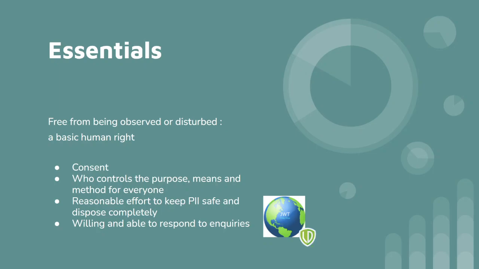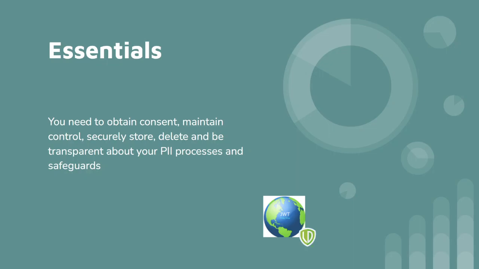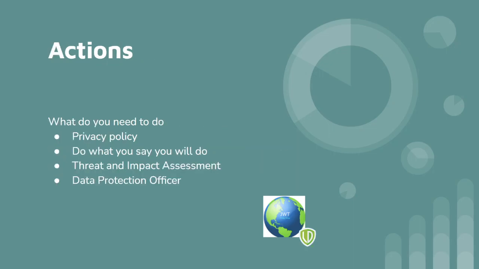They also want to keep personal information accurate and up to date. And the other thing an individual can inquire about is, if you are storing PII, they can ask what safeguards or processes you have in place to keep it safe. So to summarize, you need to obtain consent, you need to maintain control, securely store and delete PII, and you also need to be transparent about your PII processes and safeguards.